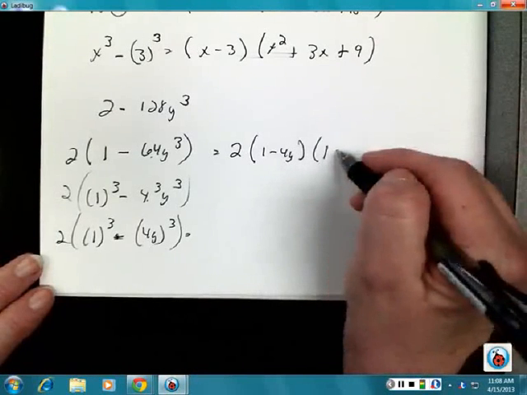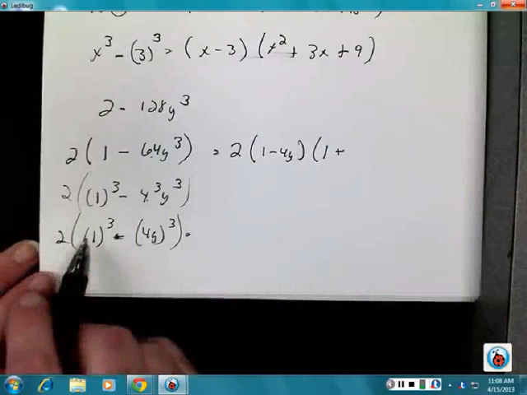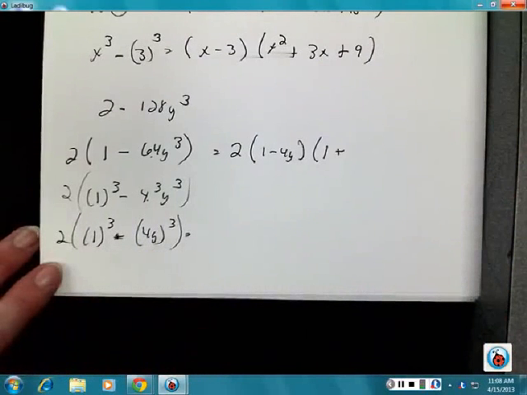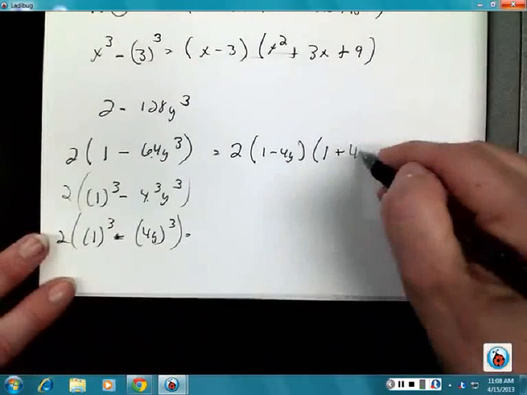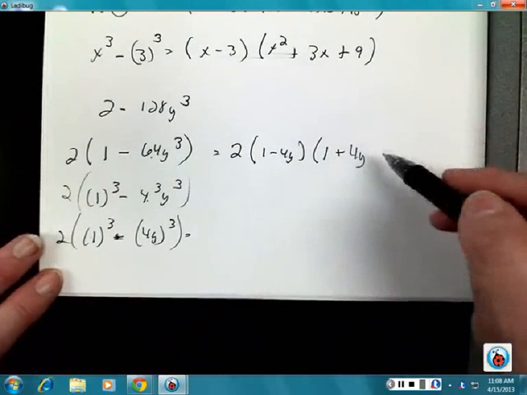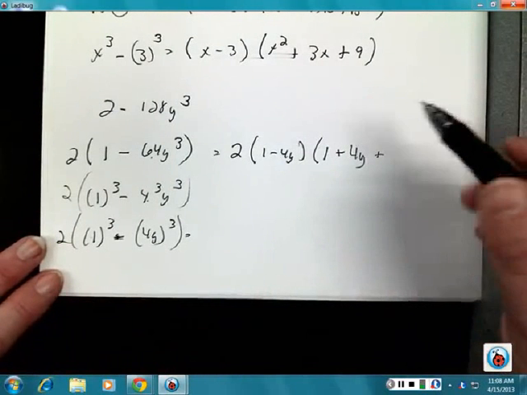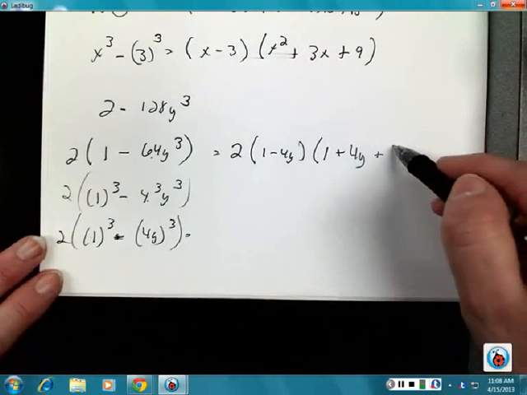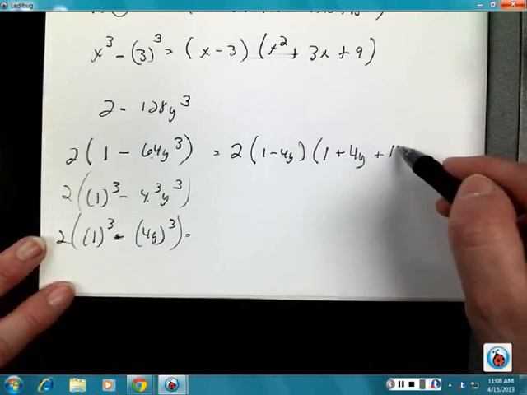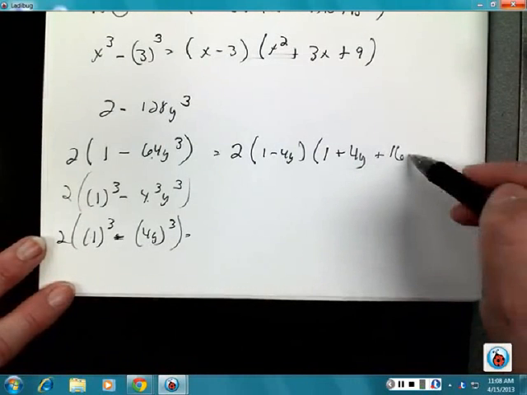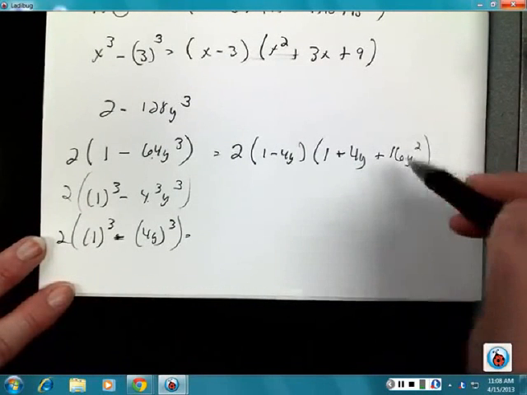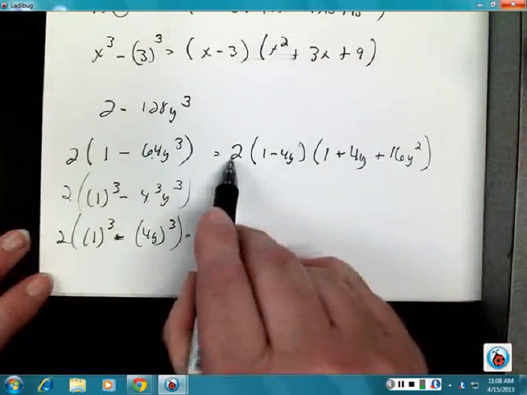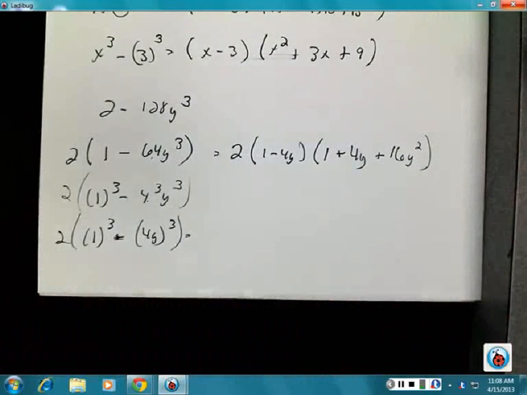Then I want to add, and I want to take a times b. So 1 times 4y is 4y. And finally at the tail end, plus I want to square b. So what's 4 squared? 4 times 4 is 16. Oh, y squared, of course. Don't forget your 2 that you pulled out at the very beginning. And so that becomes your answer.